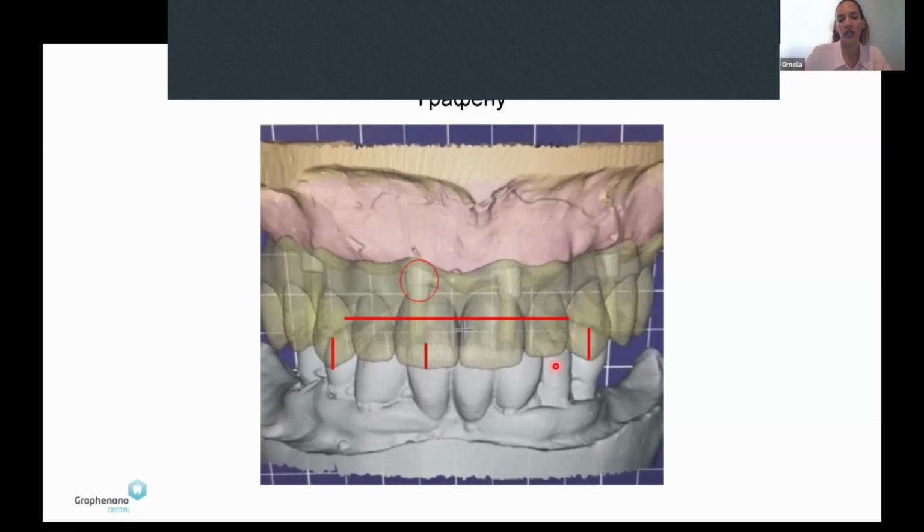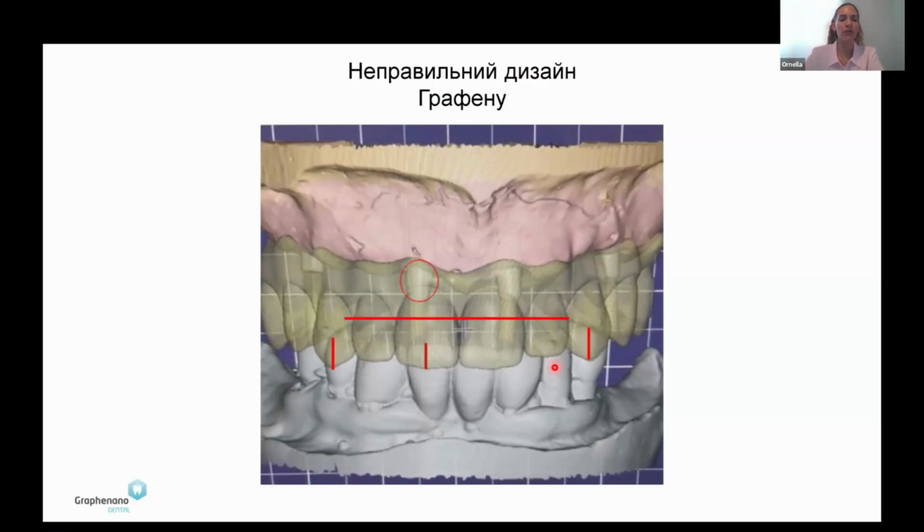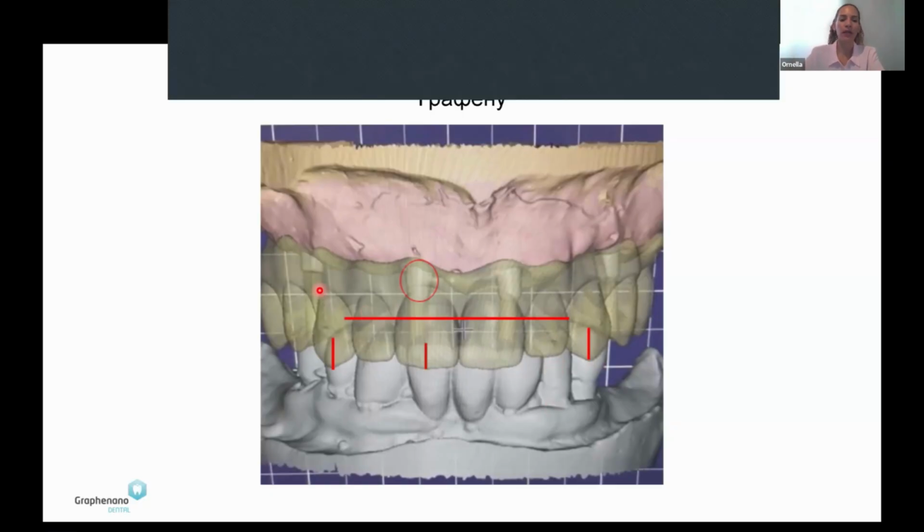This is also going to give us a success case in the future. So to make a small summary, remember, the T-base should cover a minimum of 50% of the height of the restoration if I don't want any debonding issue.